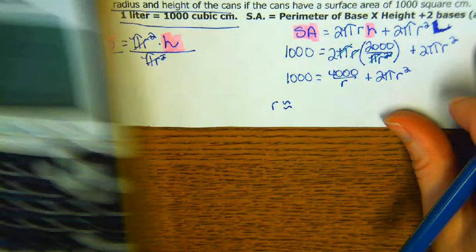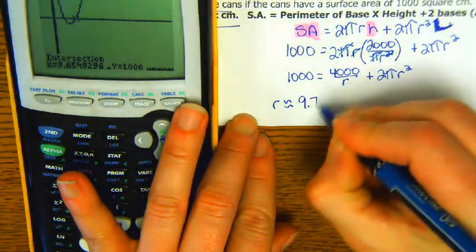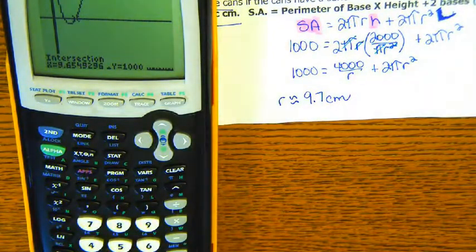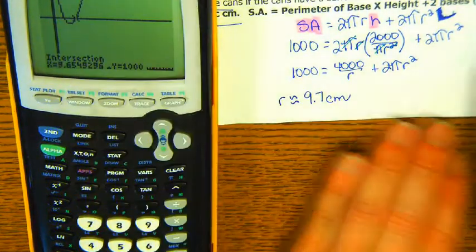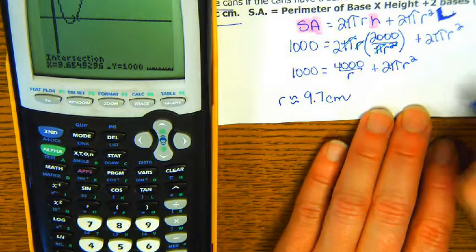Sadie, did you get R was approximately 9.7 centimeters? Yeah. Okay. Preston, what did you get over here? 4.6-ish? Okay.